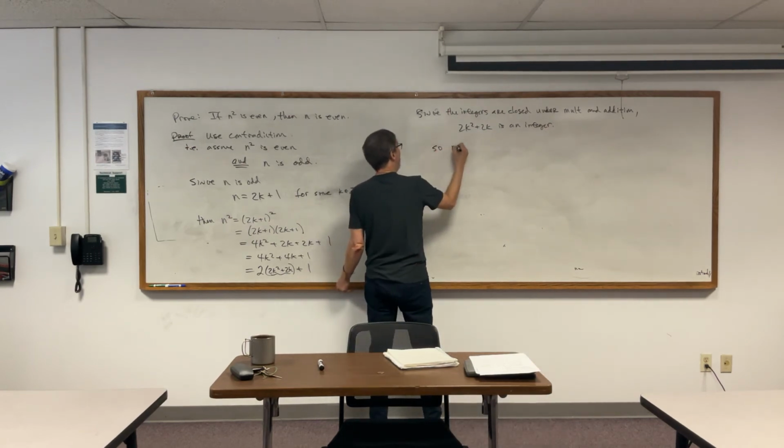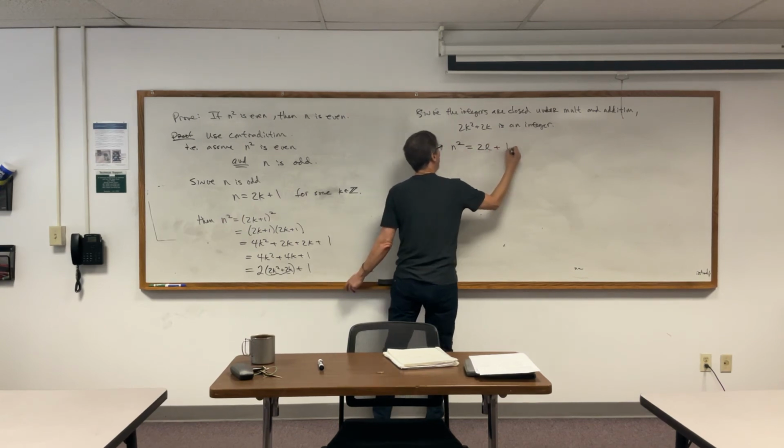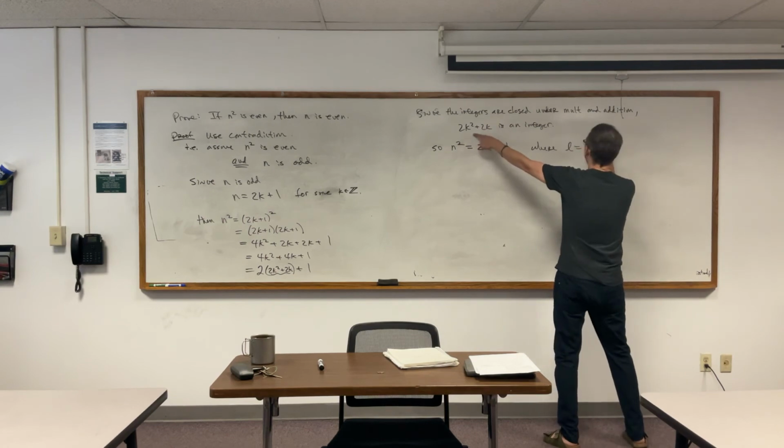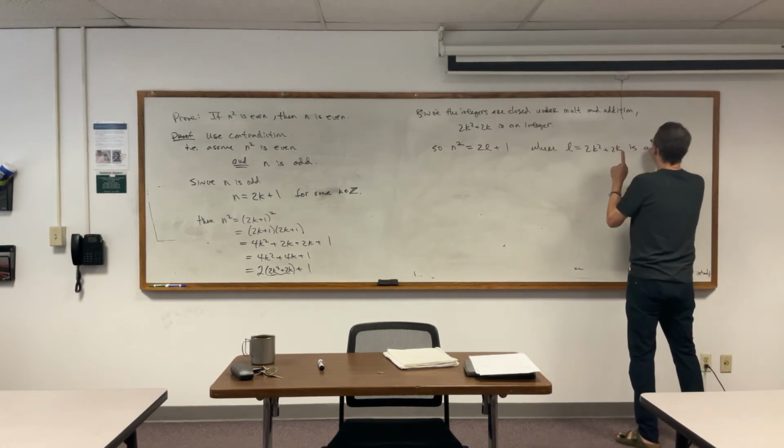So n squared is equal to 2l plus 1, where l is this thing, is an integer.